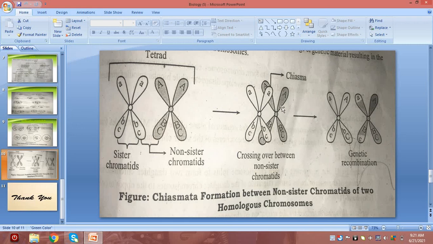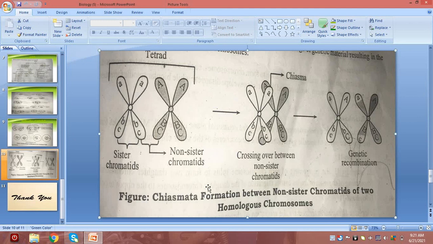This crossing and exchanging will help in the exchange of genetic material, resulting in the production of new recombinant chromosomes, so genetic recombination will take place. The exchange of genetic material between the chromosomes will result from this chiasma.